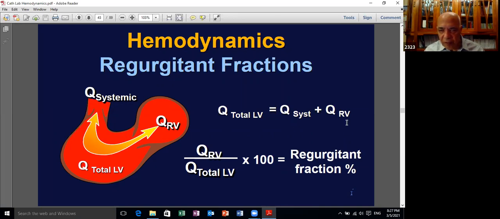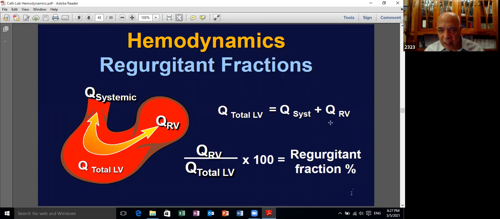In other words, if you wanted to know the regurgitant volume, you subtract the systolic forward flow from the total left ventricular flow. You can estimate this by the difference between the end diastolic volume and the end systolic volume, and you can measure the systolic flow by Fick principle or thermodilution, although it's not welcome in patients with valvular disease.